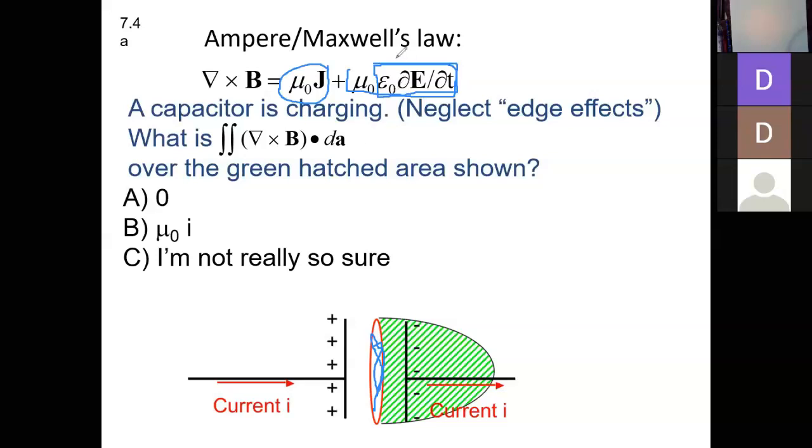So what we have to look at is how the electric field is changing in time. And the way Maxwell did that is he extended the area that we calculated over to the green hatch and came up with the value we should have. It's mu naught I.